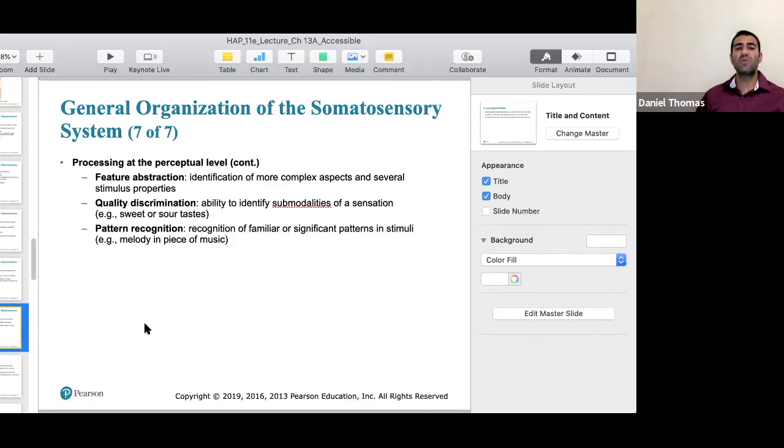Now next is quality discrimination. For example, we know about taste, that the neurons that make up the taste receptors can detect, for example, sweet, sour, bitter. So it helps you determine different qualities of the stimuli.